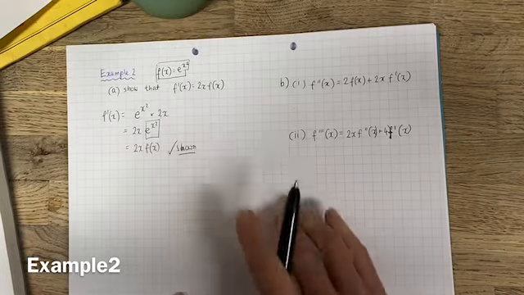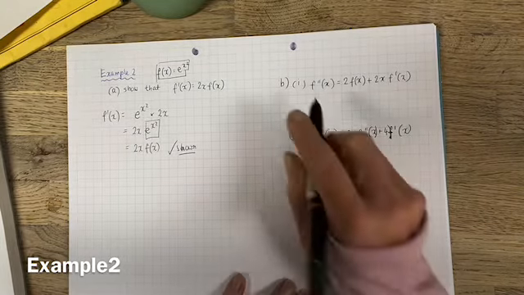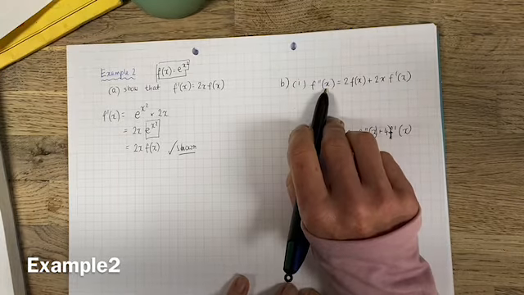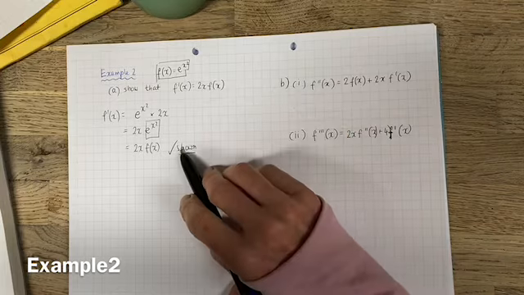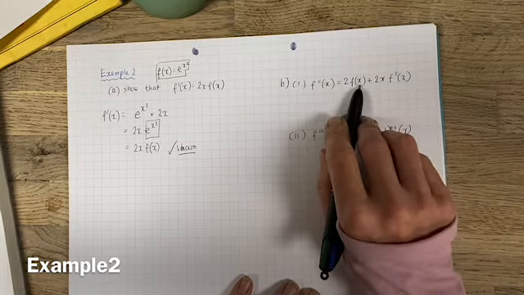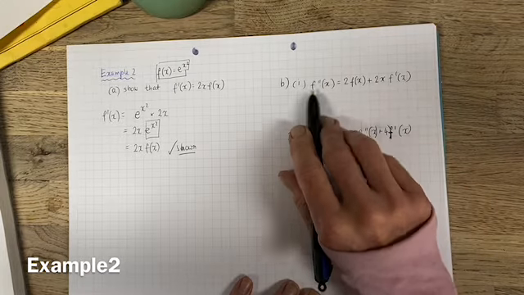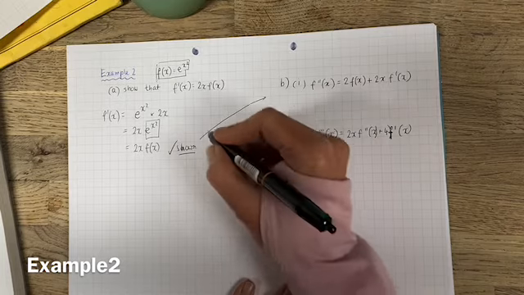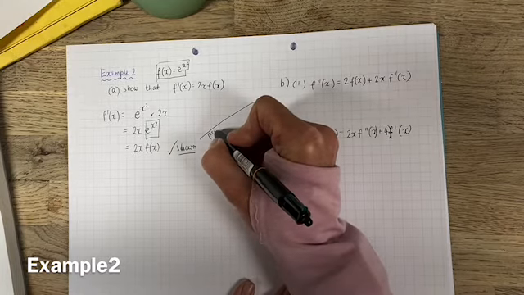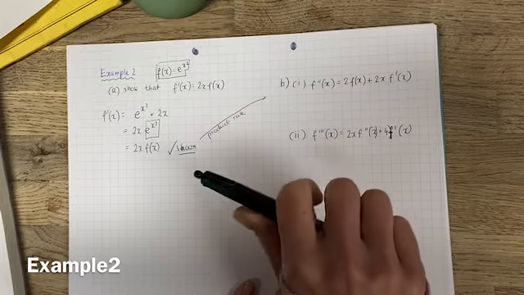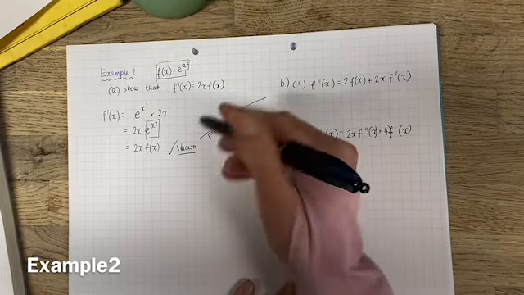There you go. For the first part of part B, it's asking you to differentiate it again, the first derivative, so obtain the second derivative, and then rewrite it in terms of f of x and f dash of x. So let's have a go at differentiating this function. We are going to use the product rule. Let me just quickly remind you, it's always a good idea to quote it.